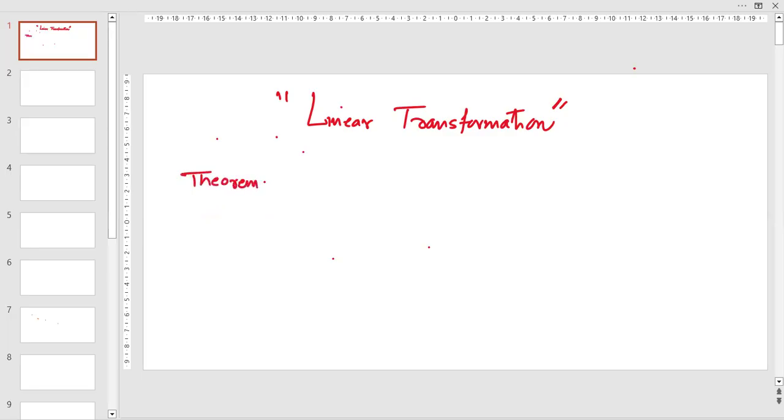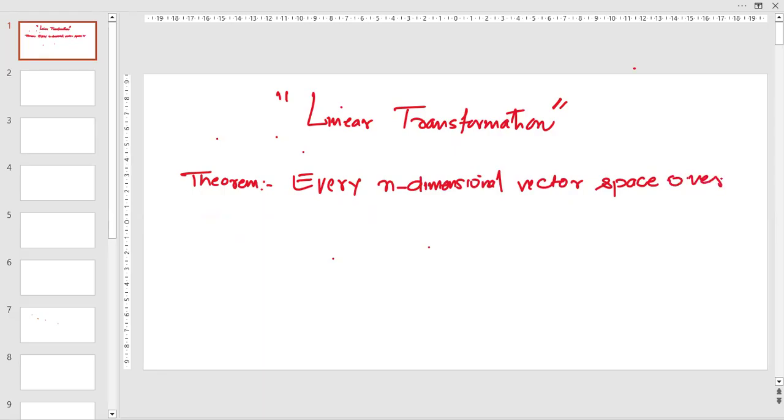The theorem is: every n-dimensional vector space over the field F is isomorphic to Fn.